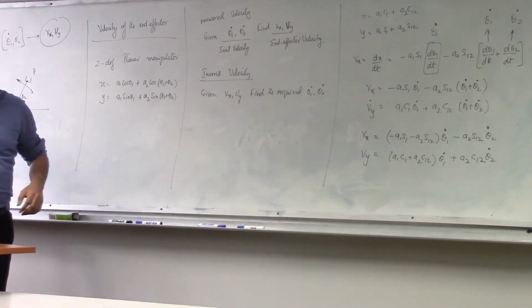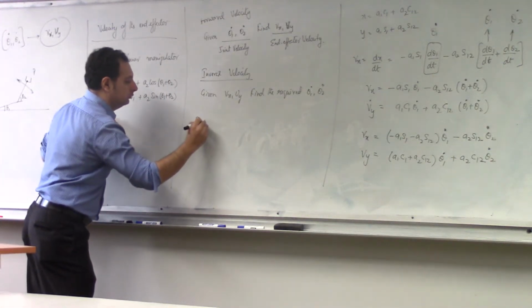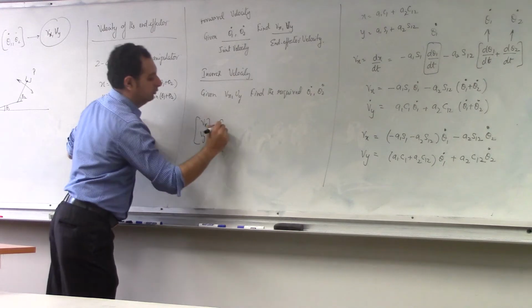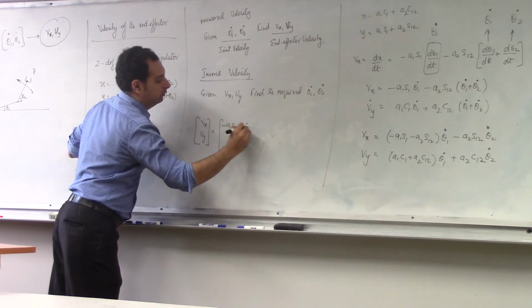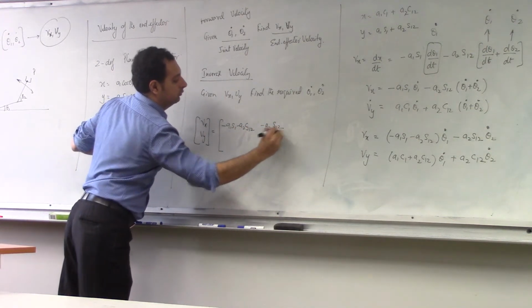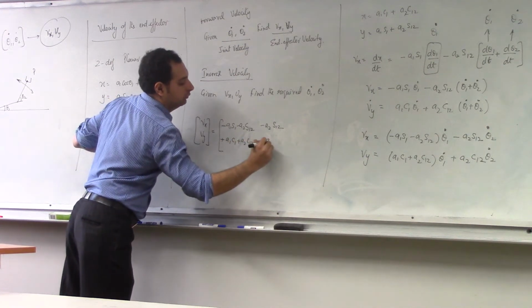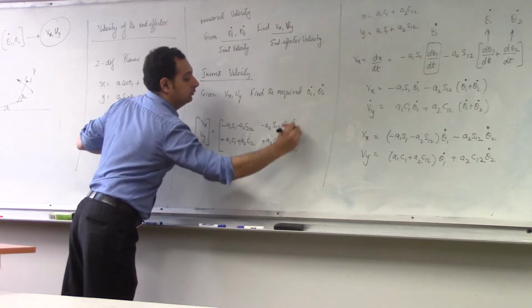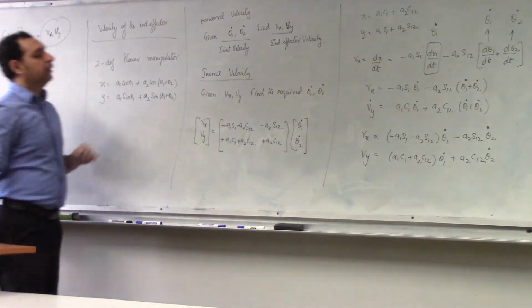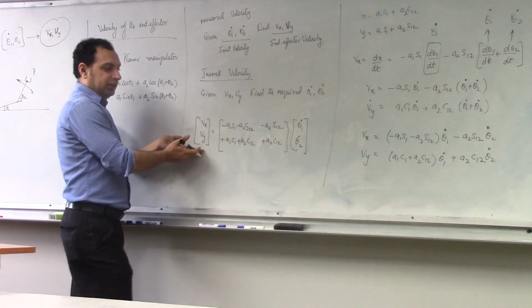Now we can set it up like this. So this will be a relation between the velocities, the end effector velocity, and the joint velocity.